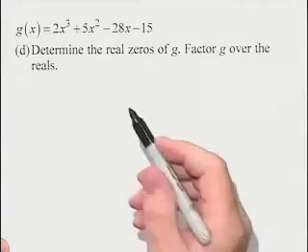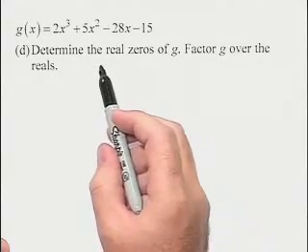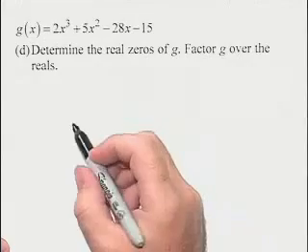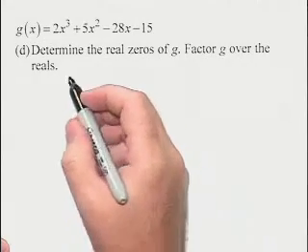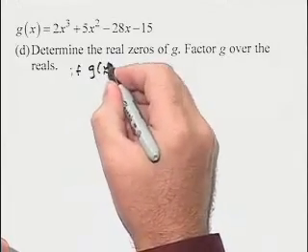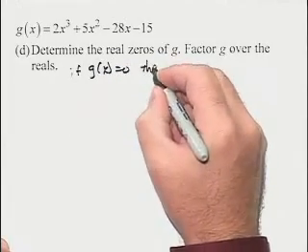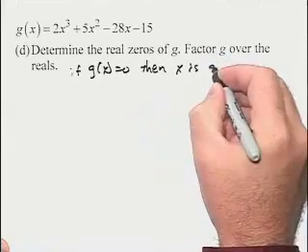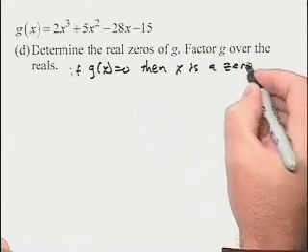Now we're asked to determine all the real zeros for our function g, and then factor g over the reals. For this part, we're going to use the fact that if g of x is equal to 0, then x is a zero of our function.